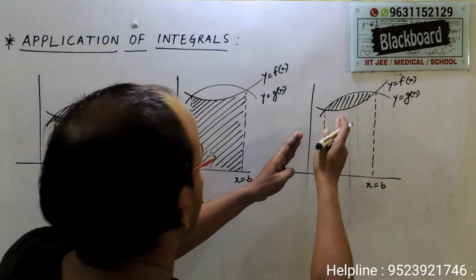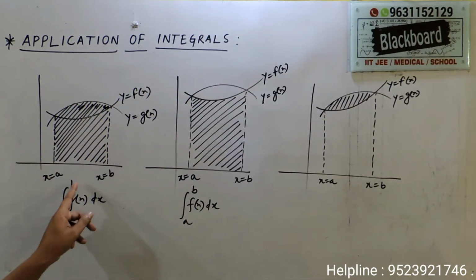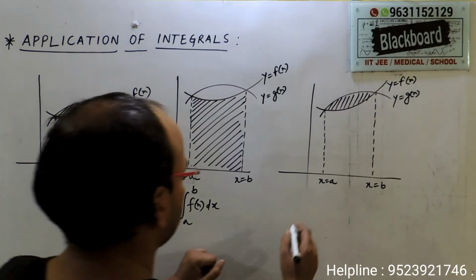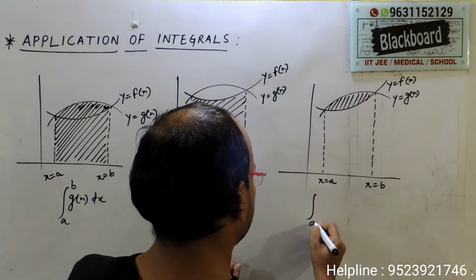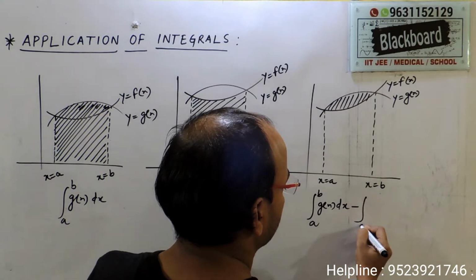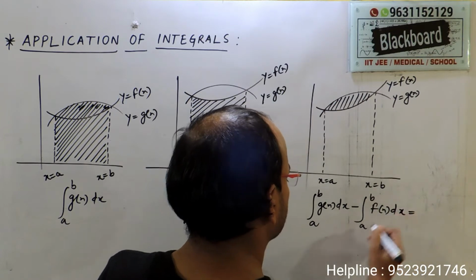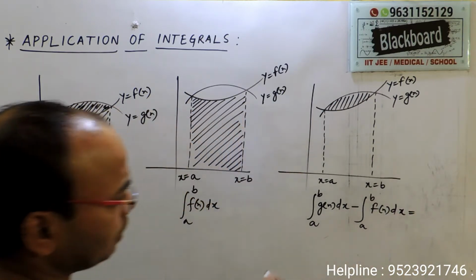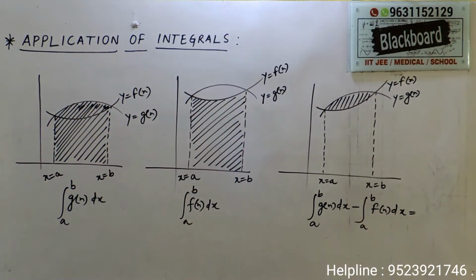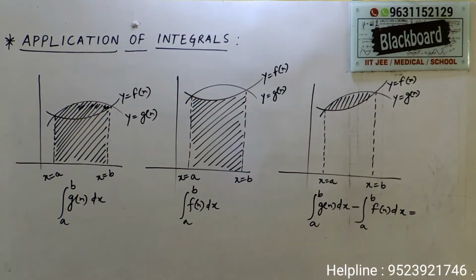And if you have to find this area, that means you have to subtract this from this. That means the integral of g(x) dx from a to b minus the integral of f(x) dx from a to b. You have to subtract this one. That means your answer will be the integral from a to b of g(x) dx minus the integral from a to b of f(x) dx, or you can write directly the integral from a to b of (g(x) minus f(x)) dx. इसको हम अलग अलग करके भी लिख सकते हैं या फिर डायरेक्ट भी लिख सकते हैं. तो ये आपके पास एरिया आ जाएगा.